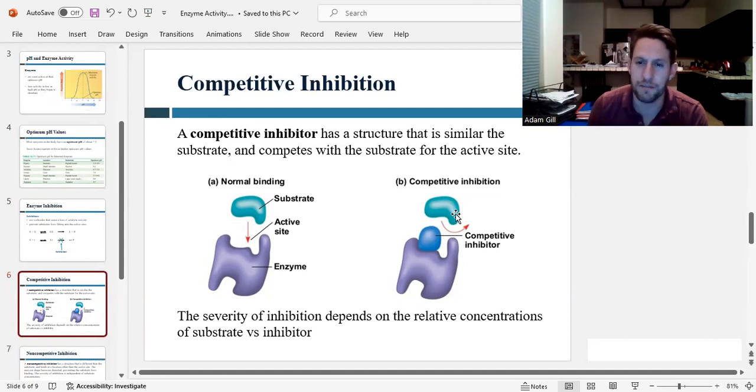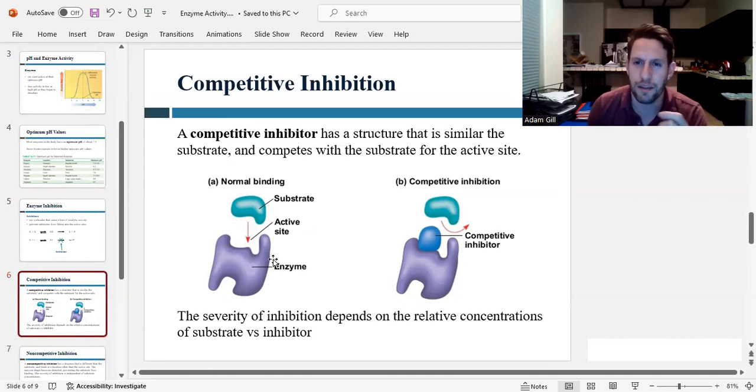And so the severity of the inhibition just depends on the relative concentrations. If you have a lot of inhibitor molecules floating around, you're probably going to get it binding. If you have a lot of substrate molecules floating around, then you're probably going to get substrate binding.